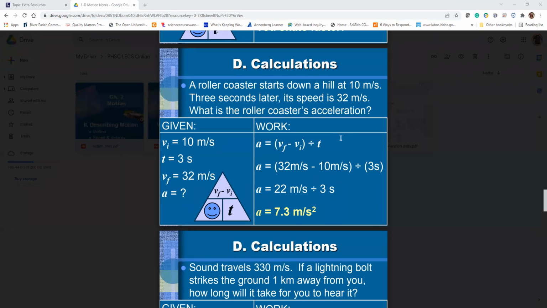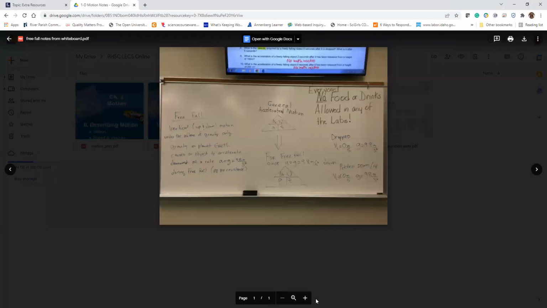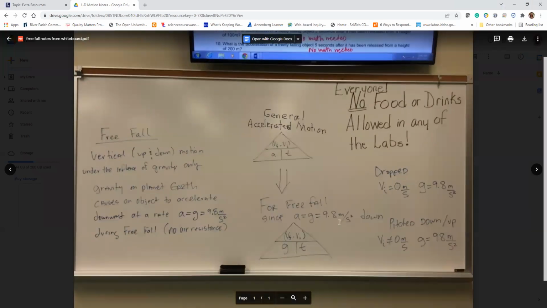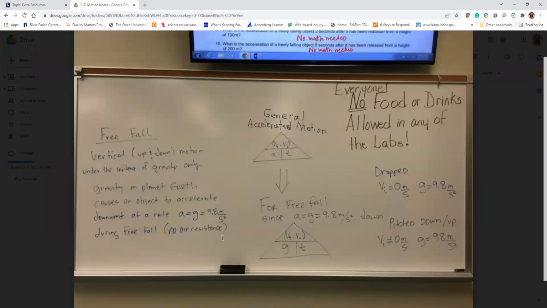All right. So I have a question. Yes. What did you say the numbers were for the free fall? 9.8 meters per second squared down. Remember, on planet Earth, that's your free fall value, right? You see that screen? Yes, ma'am.